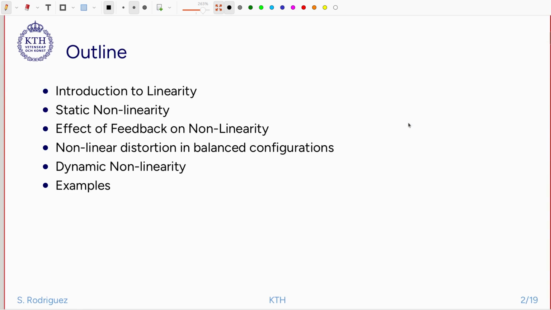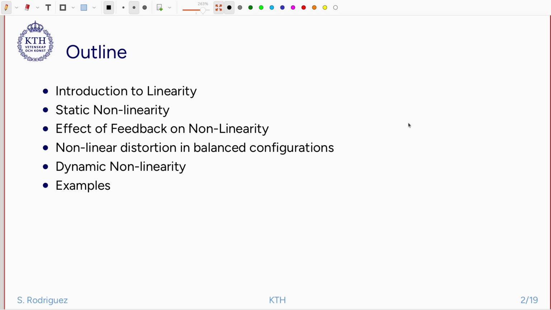The outline for today's lecture is: first we're going to talk a little bit about linearity, general concepts. Then I'm going to explain what static nonlinearity is. Then we are going to talk about how feedback affects nonlinearity.